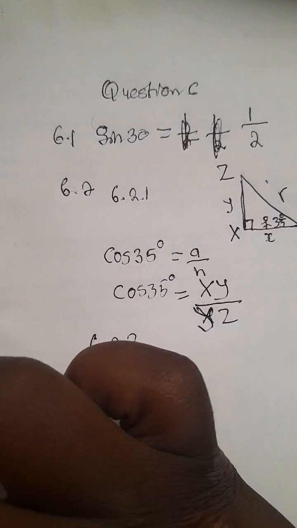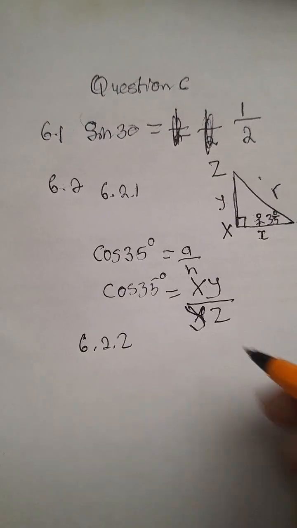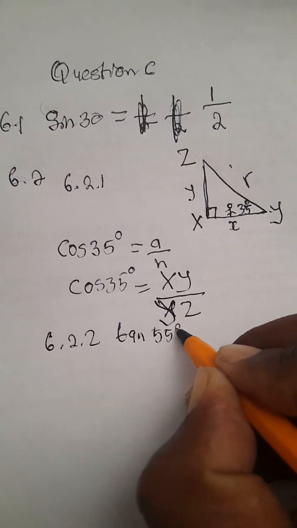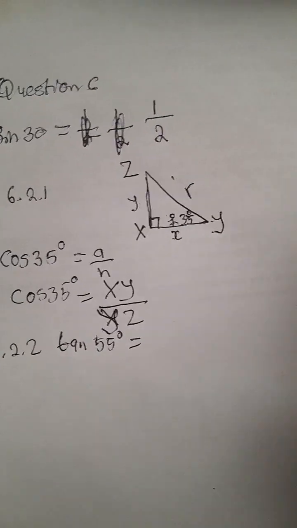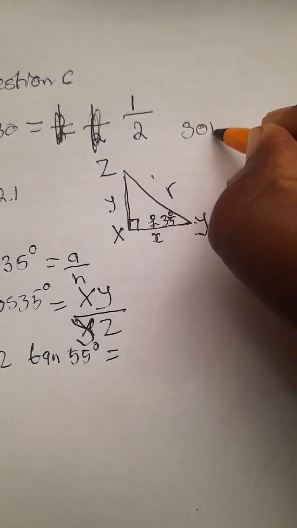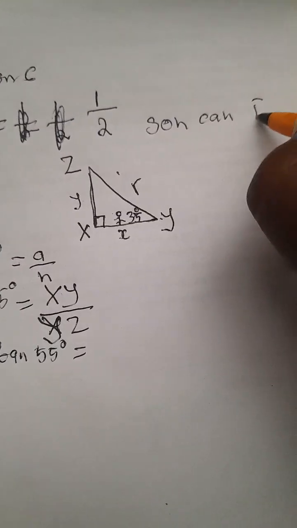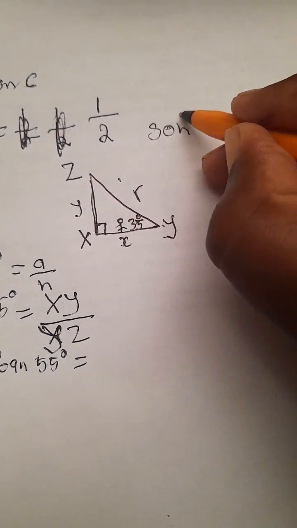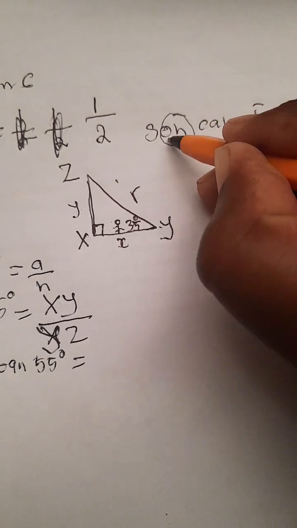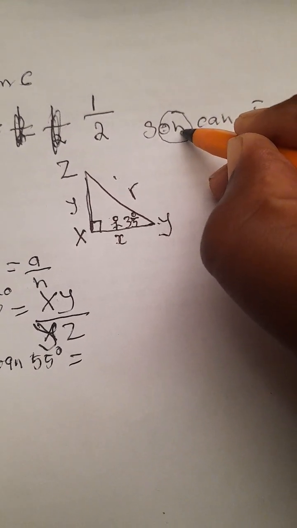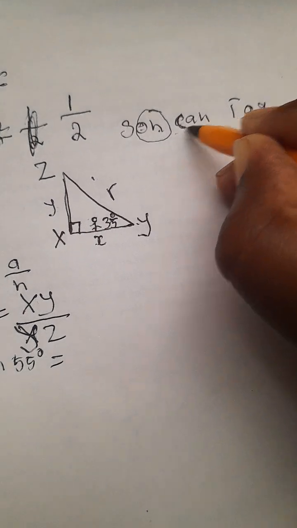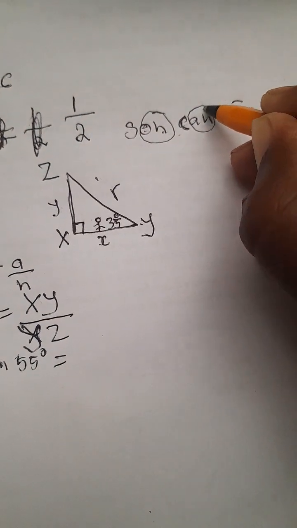At 6.2.2 we are given tan 55 degrees. Remember, guys, this is what you should know. Sine goes with opposite over hypotenuse. Cos goes with adjacent over hypotenuse.